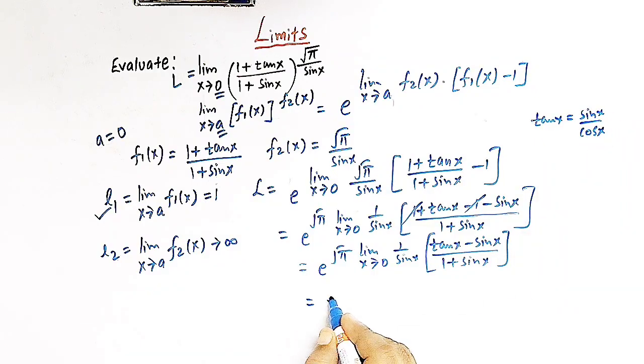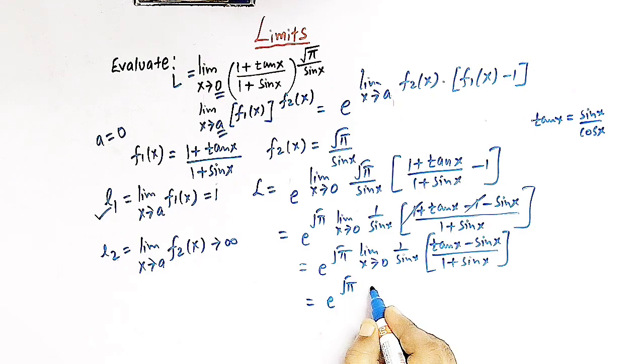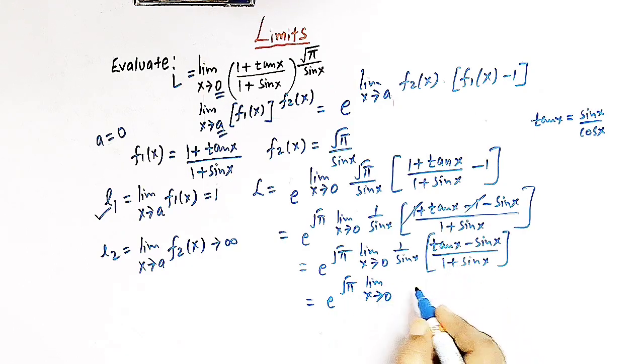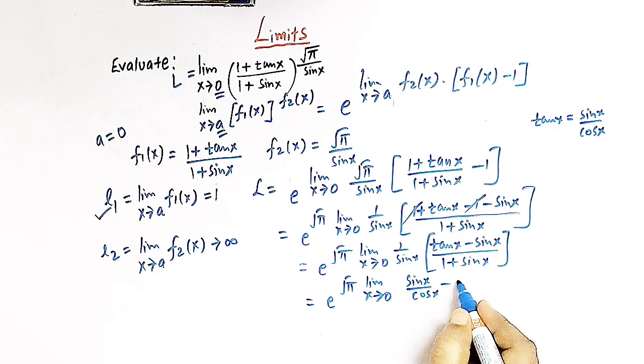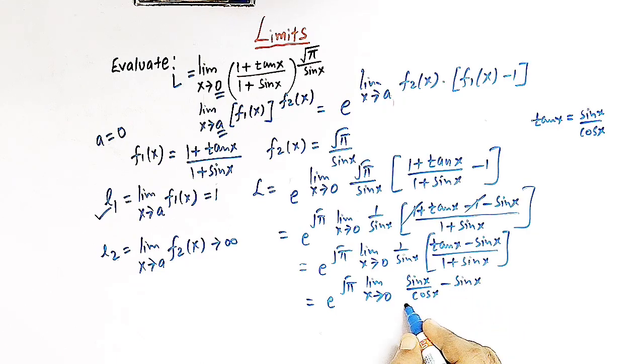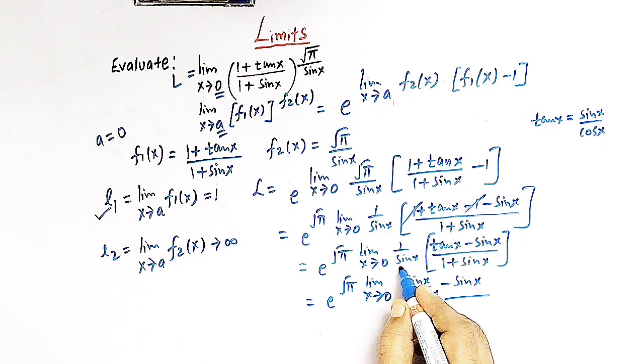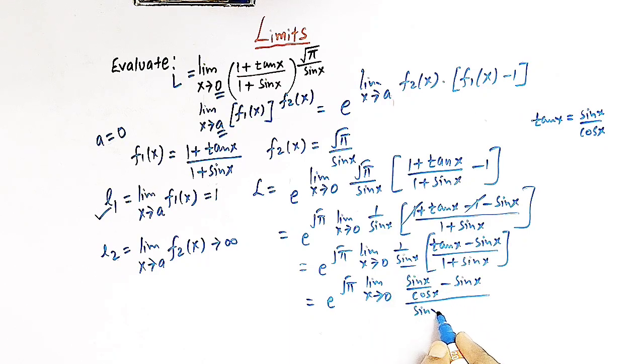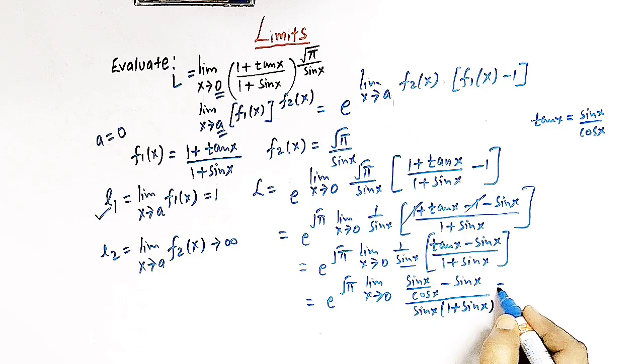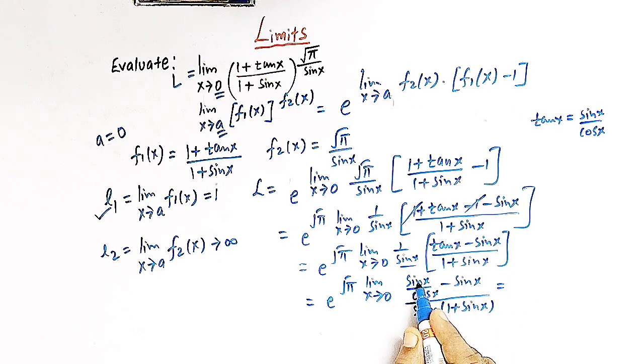So we can now write e raised to square root of pi, limit x tends to 0, and we have sin x over cos x minus sin x, and in the denominator we have sin x, and here we have 1 plus sin x. So now we can cancel this sin x by taking sin x common in the numerator.